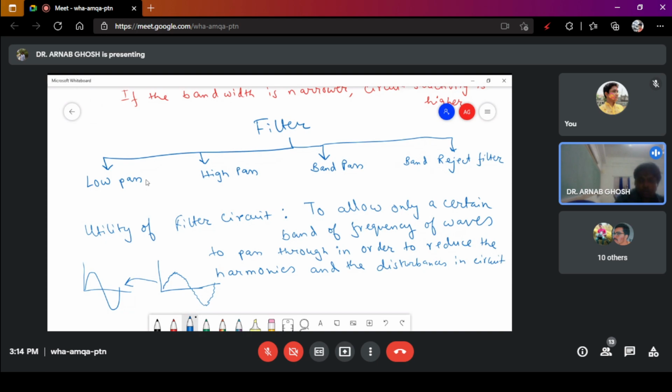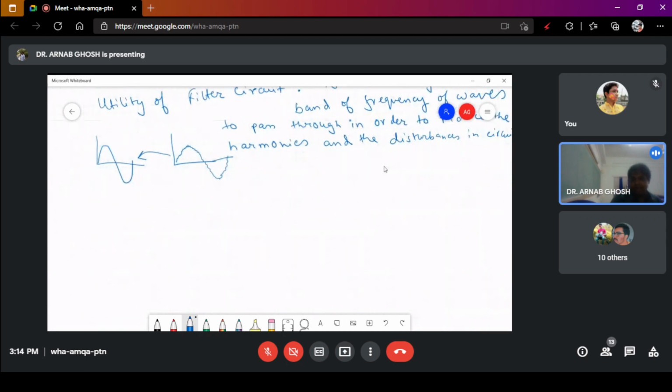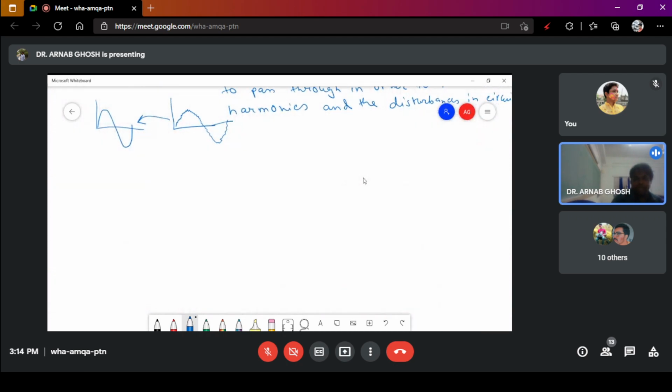So what does the low pass filter do? I will just write it down as a table. This will be of help to you.